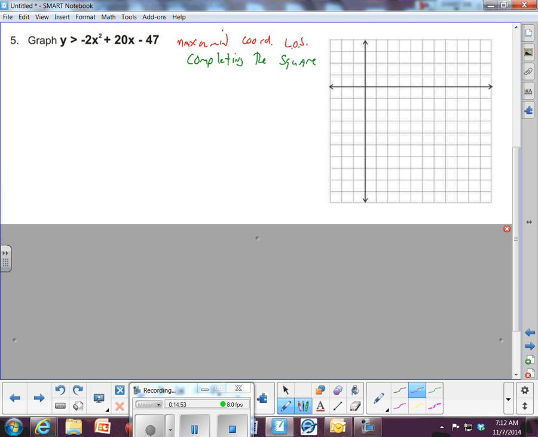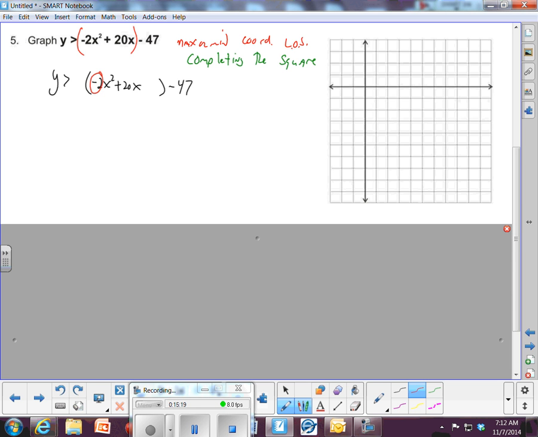All right, so if you remember, we're going to group our variable terms. y greater than or equal to the quantity negative 2x squared plus 20x, leaving room, minus 47. And look, I've got to factor out that negative 2, right? Remember that x squared term's got to be with a 1 coefficient.